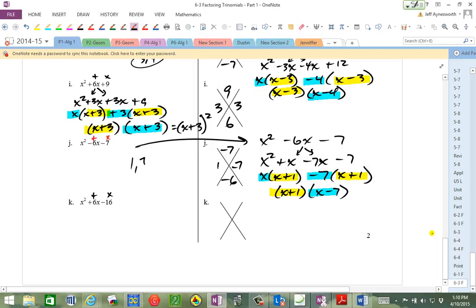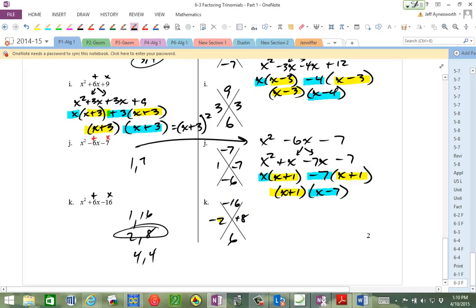Okay, factors of 16: 1 and 16, 2 and 8, 4 and 4. The numbers that add or subtract to 6 are these two. So you try 2 and 8, but you want a negative 16, right? So actually make the smaller one negative, the bigger one positive. 8 minus 2 is 6, or 8 plus a negative 2 is 6. Negative 2 times 8 is negative 16.